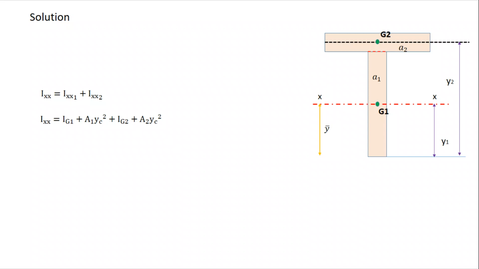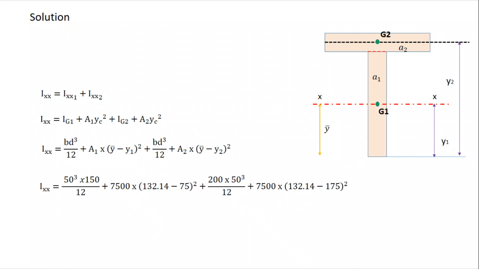So the moment of inertia about the centroidal x axis is Ig1 plus A1 yc square plus Ig2 plus A2 yc square, where Ig1 and Ig2 are the moments of inertia about their own centroidal axes. Ig for a rectangle is BD cube by 12. So it is BD cube by 12 plus A1 into (y bar minus y1) square, plus BD cube by 12 plus A2 into (y bar minus y2) square.